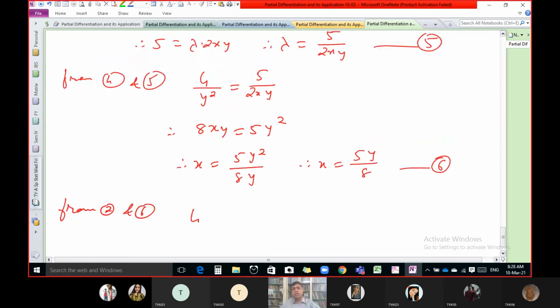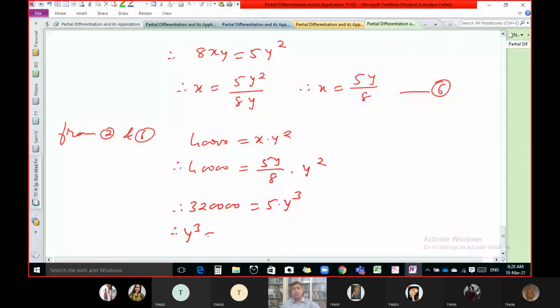So we get 3,20,000 equal to 5 into y into y square, which is y cube, divided by 5.